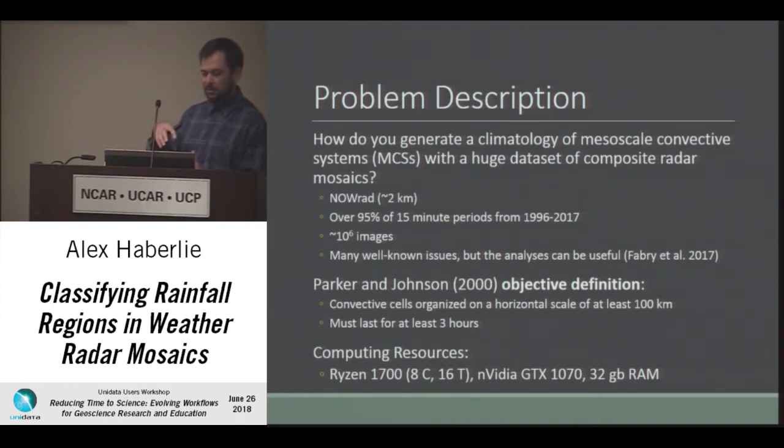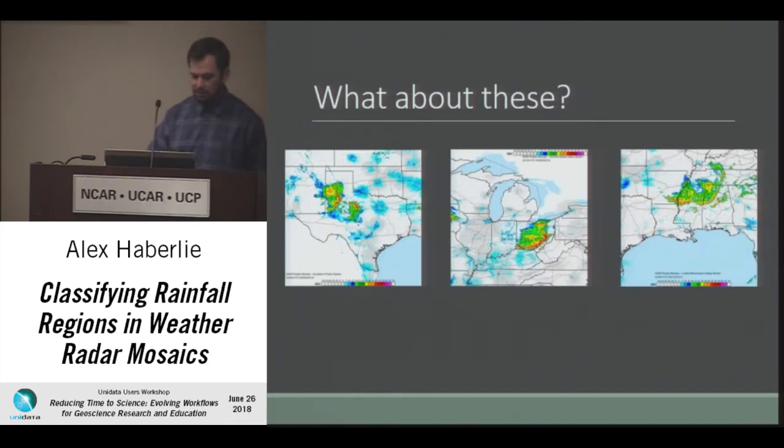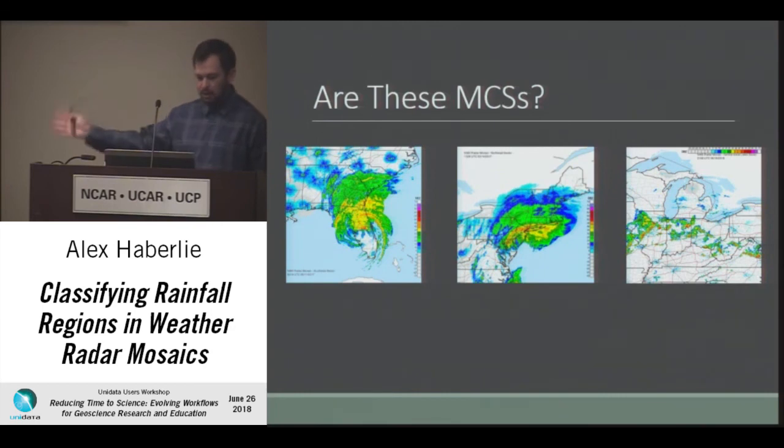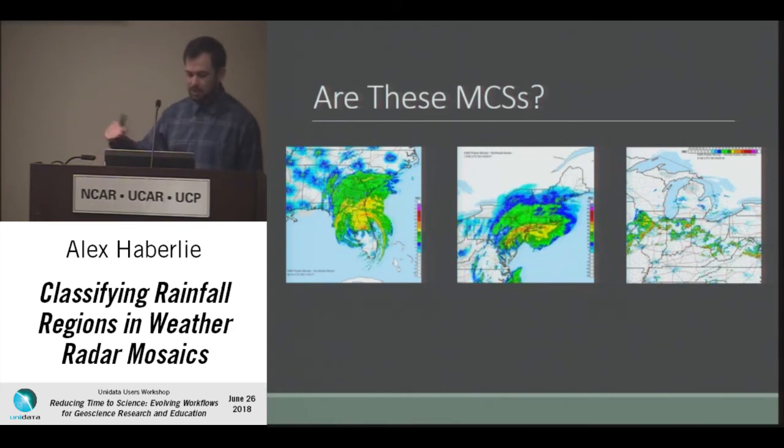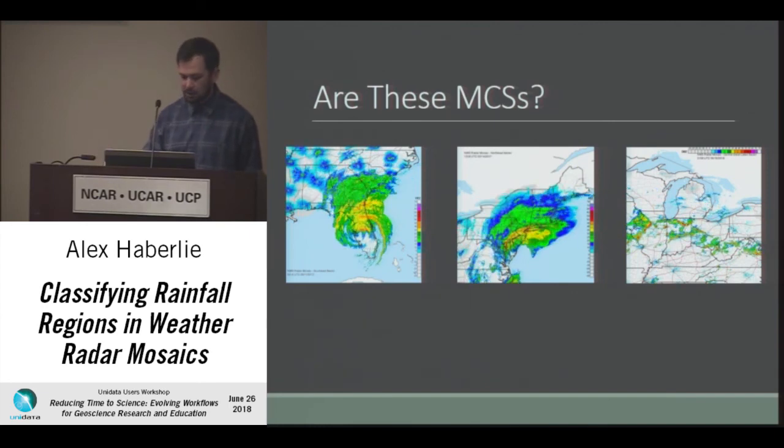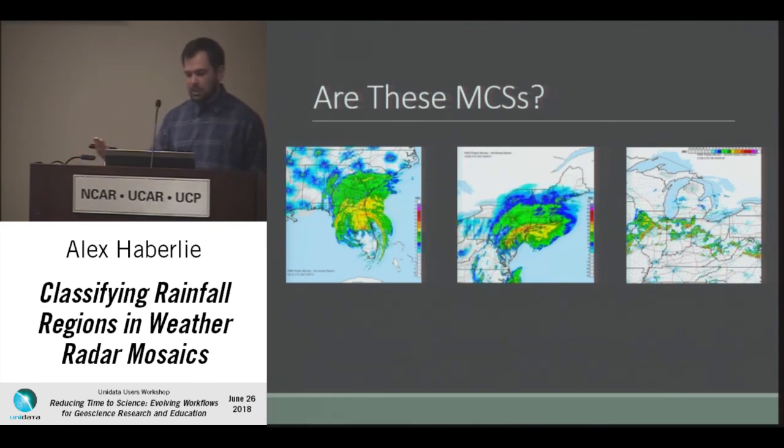And if those are stacked in time for at least 3 hours, then that meets the basic definition of a mesoscale convective system. But if you think about the other examples I showed, the hurricane, the synoptic system, depending on your segmentation approach, your unorganized convective cells can also meet that criteria.